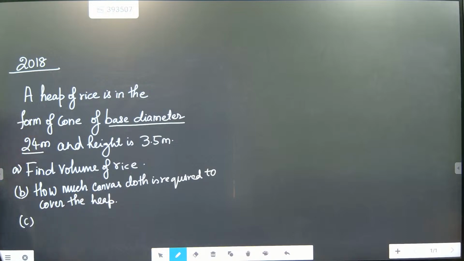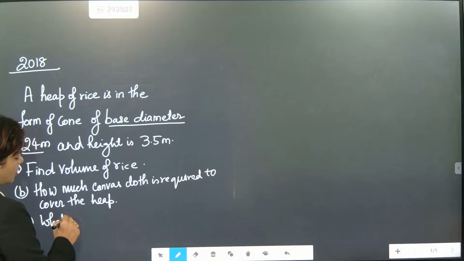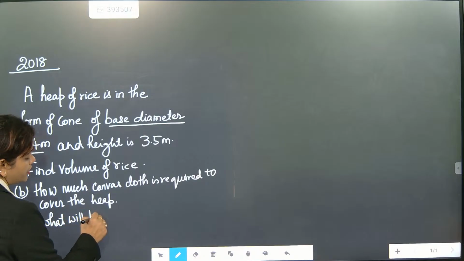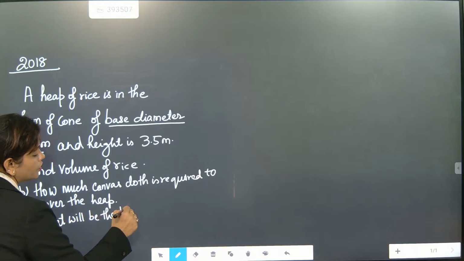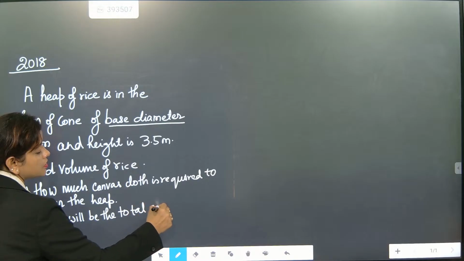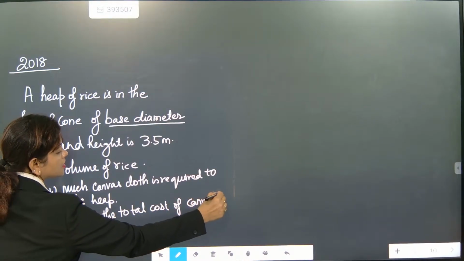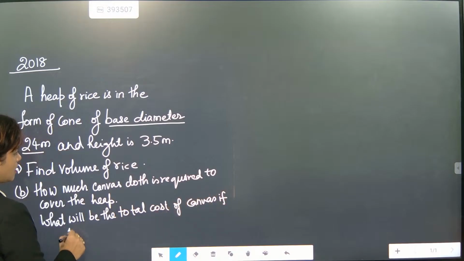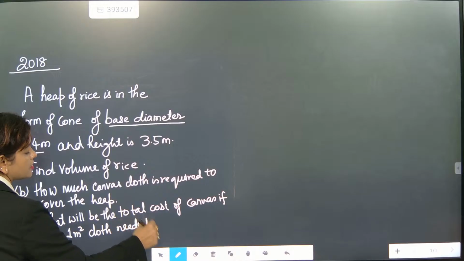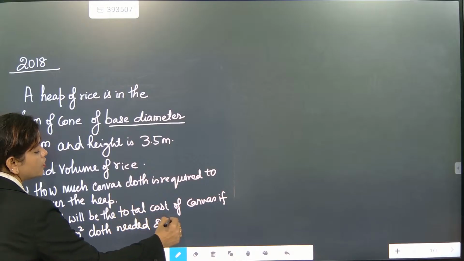Third part: what will be the total cost of canvas if 1 meter square cloth needs 20 rupees.